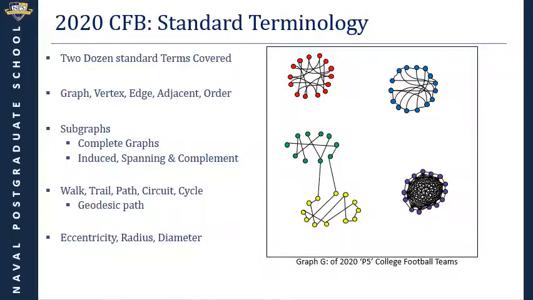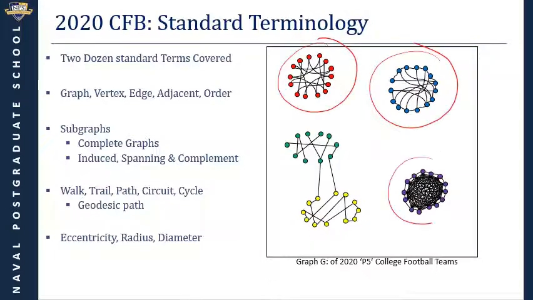Next, we will examine components and subgraphs. The graph G before you has four distinct groups of connected vertices which themselves are not connected to each other. You see the red, blue, purple, and green-yellow components.